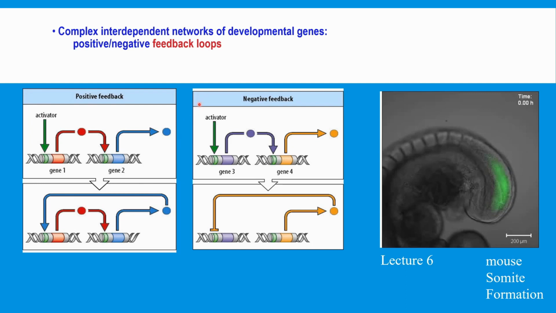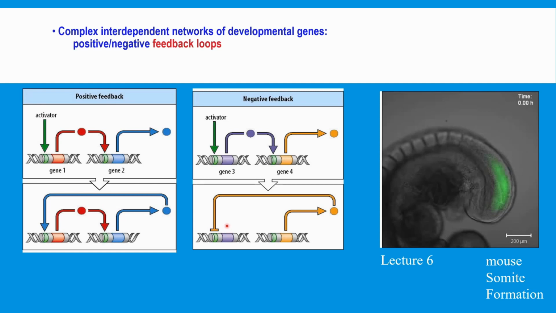On the other hand, a negative feedback loop, again, we have activator coming in, acting on gene 3 in this case, producing a purplish protein which acts on gene 4, and gene 4 then produces a protein that is in fact a negative regulator of gene 3 and will suppress transcription.